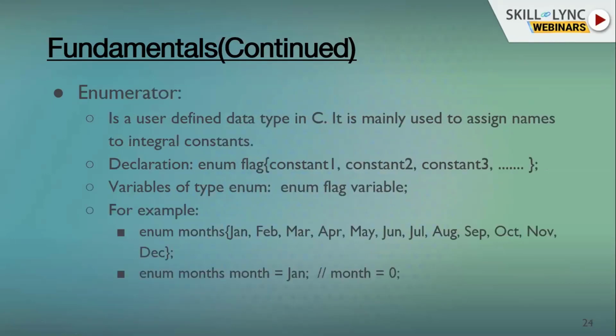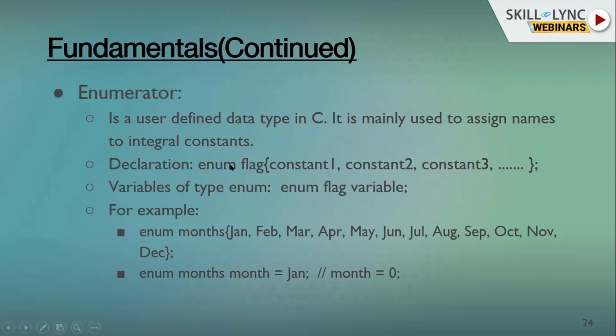Now we talk about enumerators. An enumerator is also a user-defined data type in C. It is mainly used to assign names to integral values. For example, take weeks. There are 7 days in a week, so I can create an enumerator.